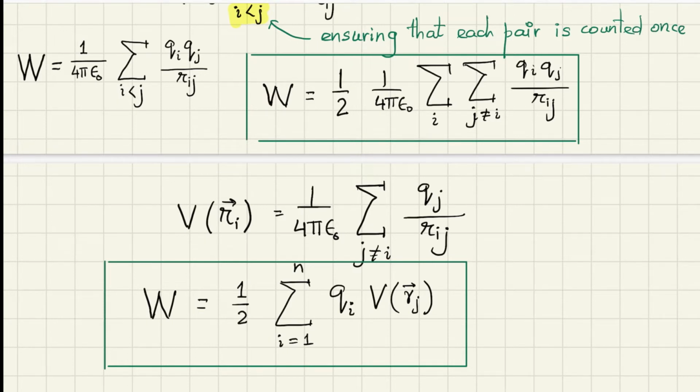This double counting is where the half factor comes from.